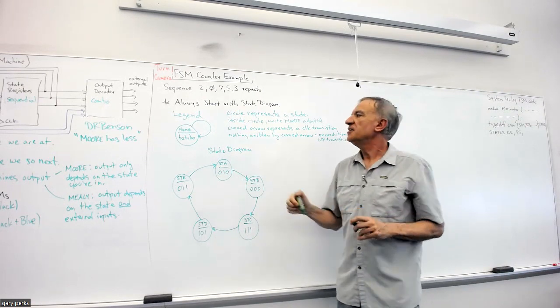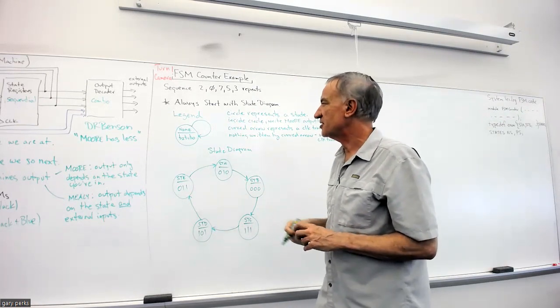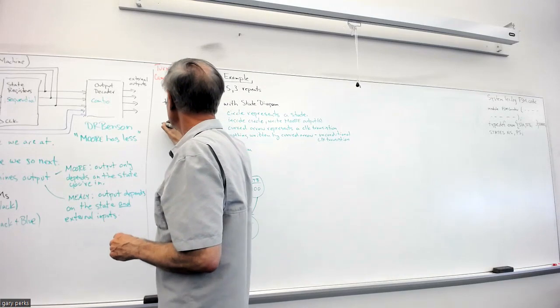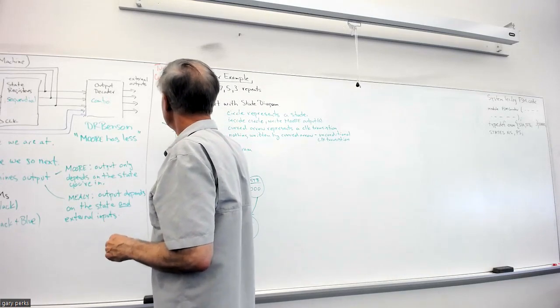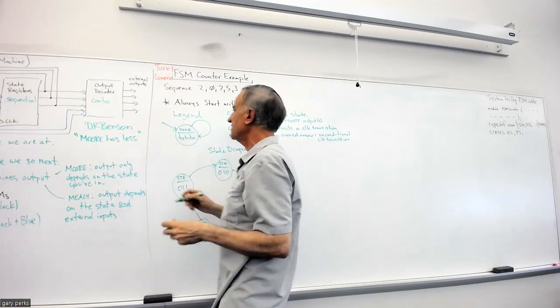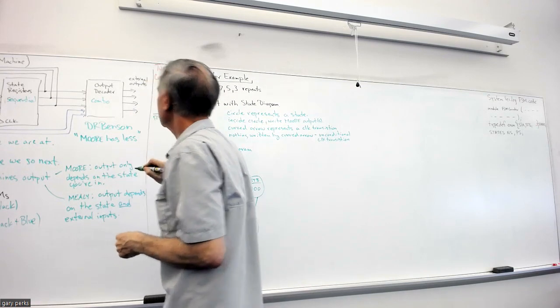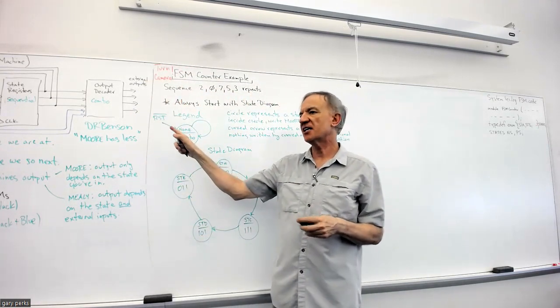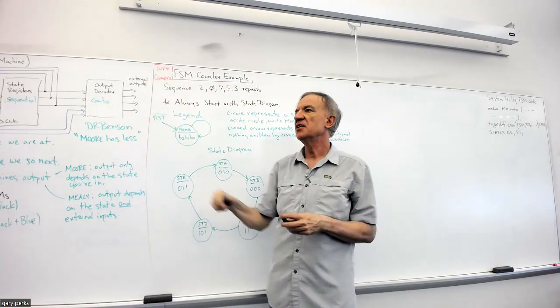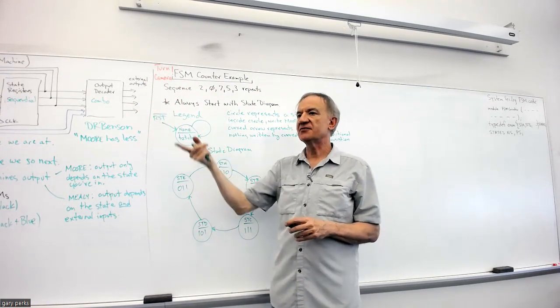Okay, ready? Let's add some things to the state diagram and therefore add some things to the legend. One thing we're going to add is a reset. If you want to add a reset, you just add an arrow like this pointing into the state. I'm going to make this an active low reset. Remember, just like in a timing diagram or on a symbol for a component like a flip-flop, the bar means active low.